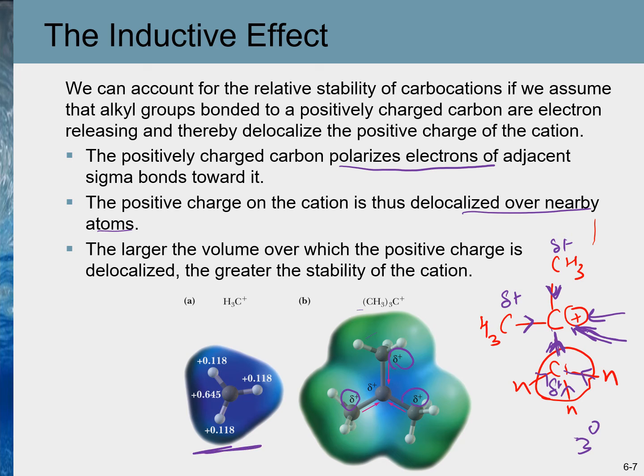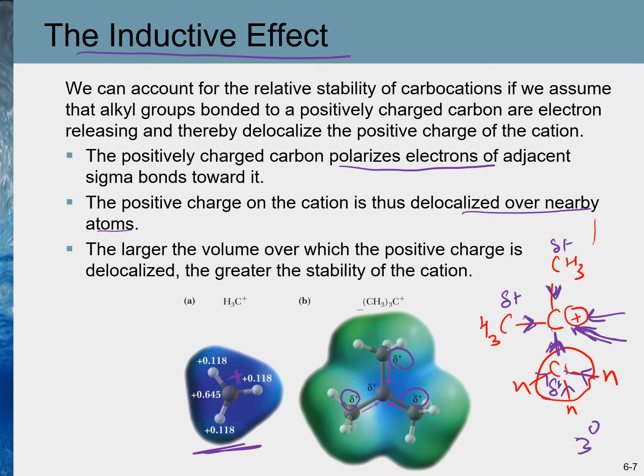In case of methyl or primary, there aren't that many carbon atoms bonded to the charge-bearing carbon atom, so therefore the delocalization cannot take place, and hence methyl and primary carbocations are not that stable. So this effect of releasing the electron density to stabilize the charge-bearing carbon atom is known as inductive effect.